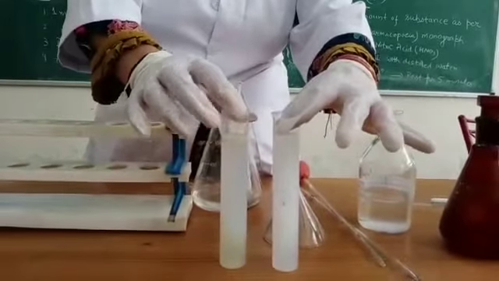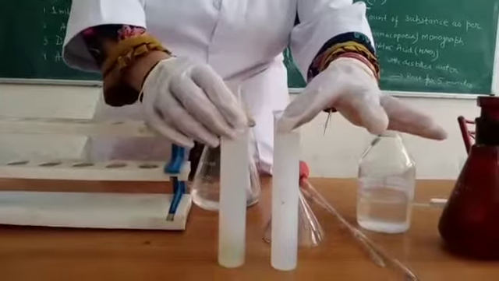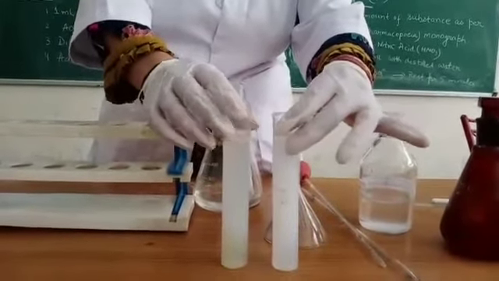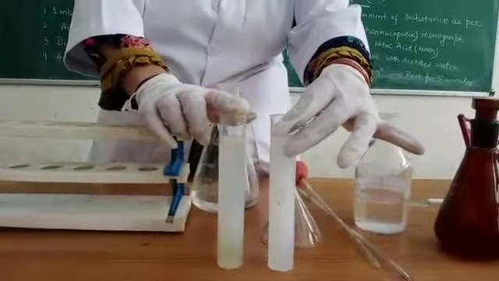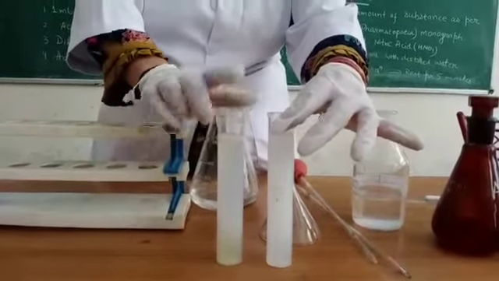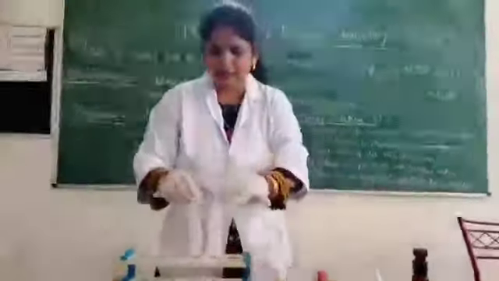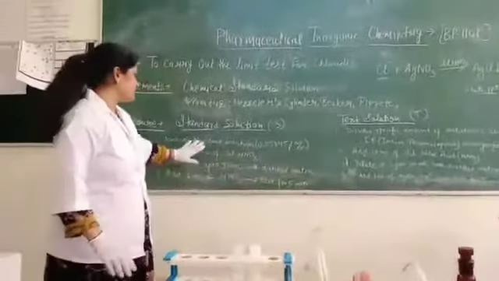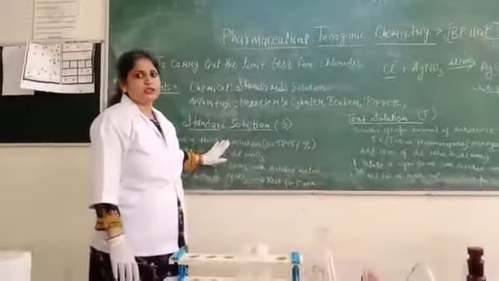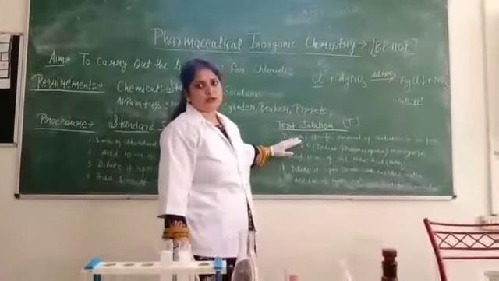The turbidity of the test solution is less than the standard solution. That means the chloride ion or AgCl precipitated is less in this solution as compared to the standard solution. It clearly indicates that the chloride impurity at the prescribed limit, present in the standard solution, is more as compared to the test solution.